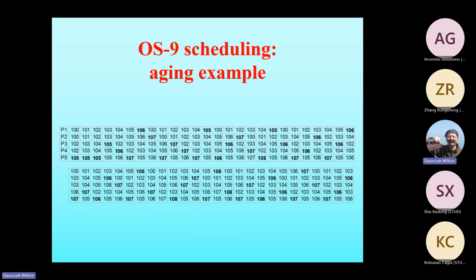I made a simulation for 5 processes. 2 of them have base priority of 100, 2 of them 102, and 1 105. And I showed after every scheduler decision the highest priority with the bold font.